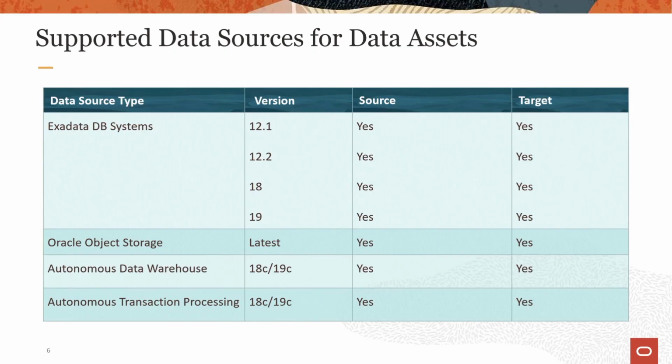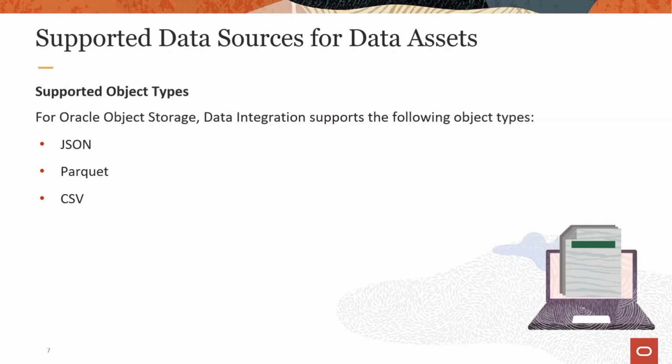The versions supported for both Autonomous Data Warehouse and Autonomous Transaction Processing as source and target are 18c and 19c. The object types supported for Oracle Object Storage in DIS are JSON, Parquet, and CSV.